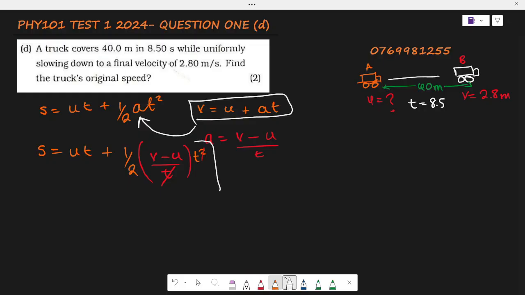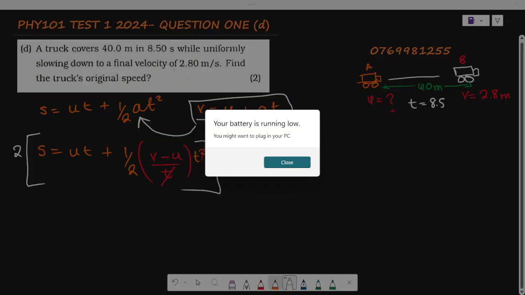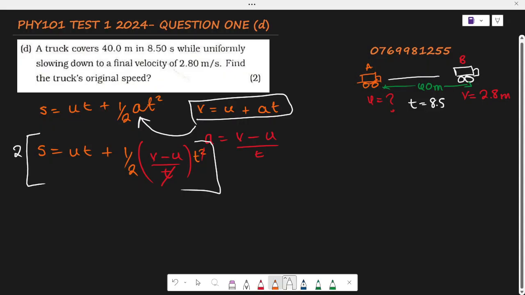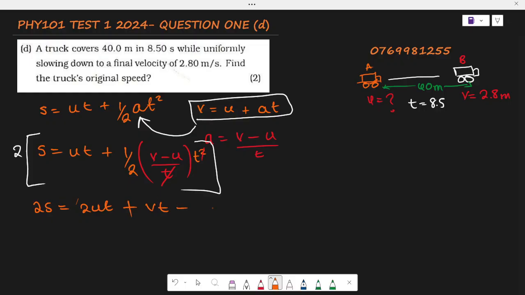And another thing that I can do here is that I can multiply throughout by 2 so that it rids of these 2. Okay, and if I do that, what I'm going to get is 2s is equal to 2ut then minus vt, since I'm multiplying throughout this t which is outside, it's supposed to be a plus here, plus ut, like that.